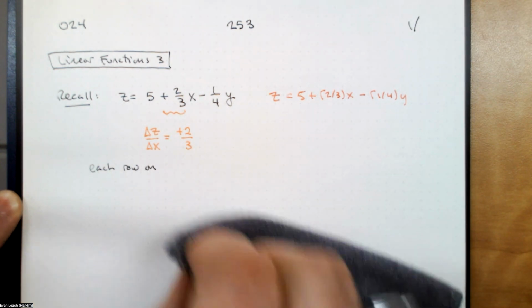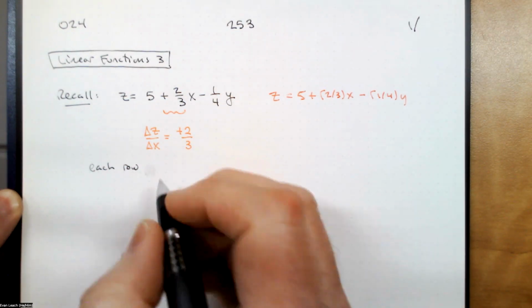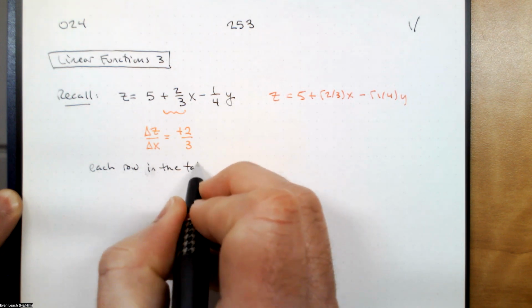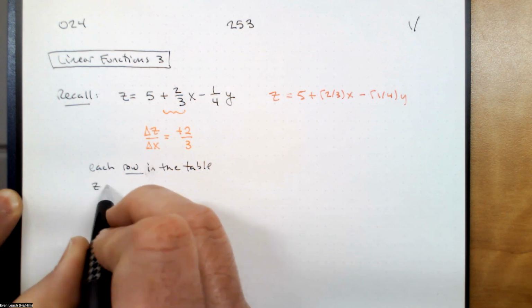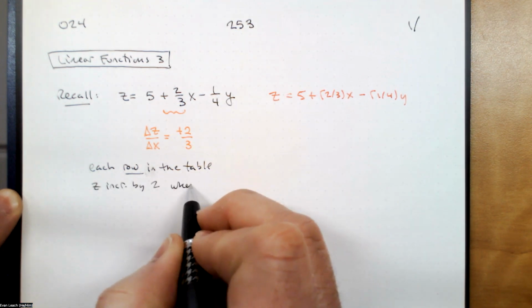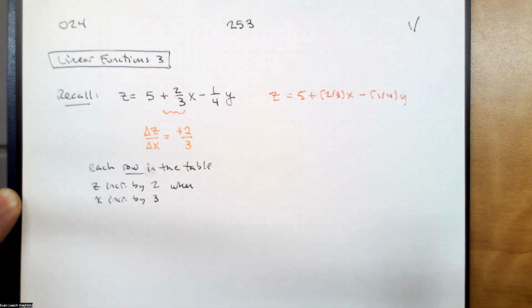In each row of the table, z increased by 2 when x increased by 3.